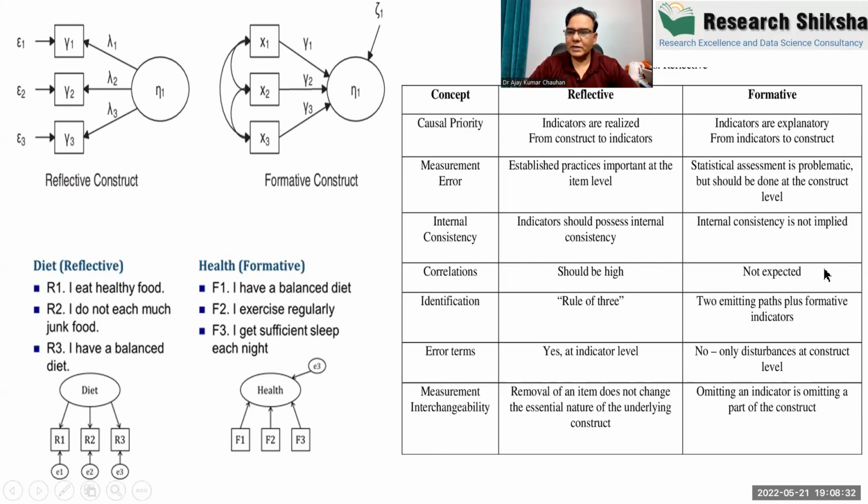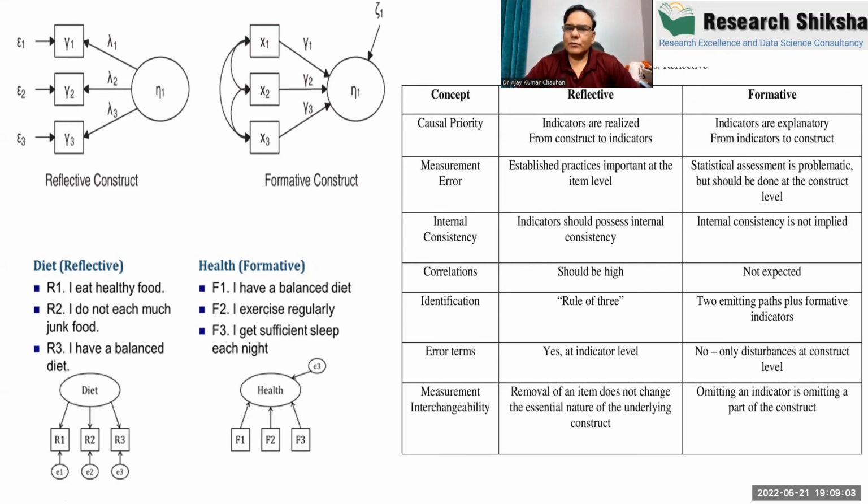Correlations I already explained. Identification. Now identification means how many items must be there in the formative and reflective construct. So identification is basically the number of items. How many statements should be there in a reflective construct, in a formative construct? In a reflective construct, we follow a thumb rule.